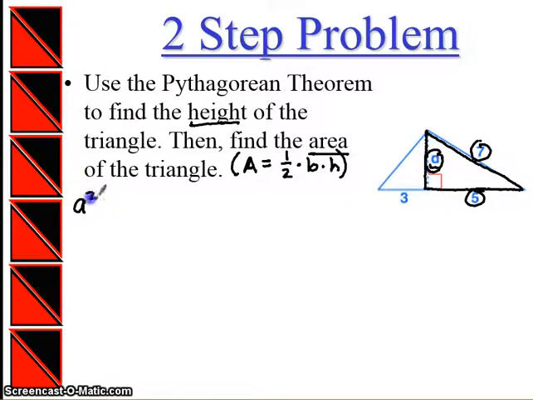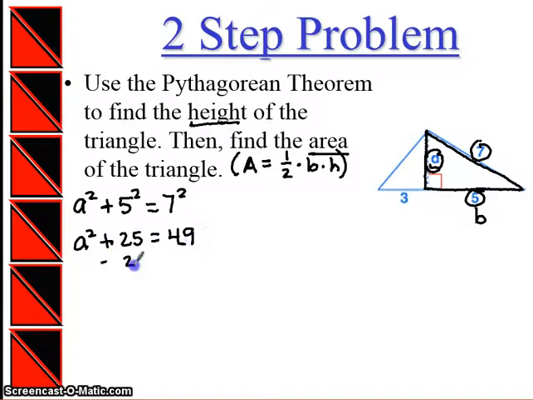So we have a squared, which we don't know, plus b squared, we know that the medium side is 5, so we have 5 squared, equals the longest side, which is 7 squared. So we have a squared plus 25 equals 49. If we subtract 25 from each side, we get a squared equals 24.